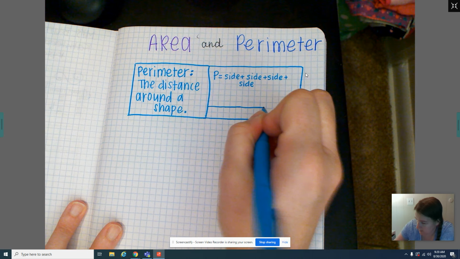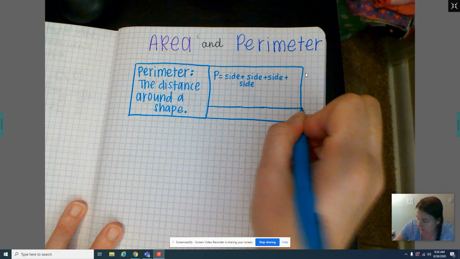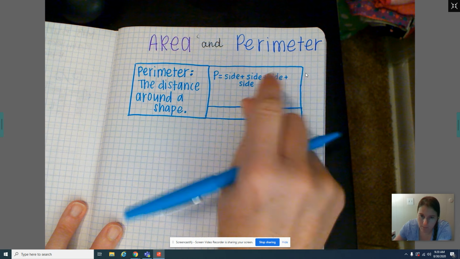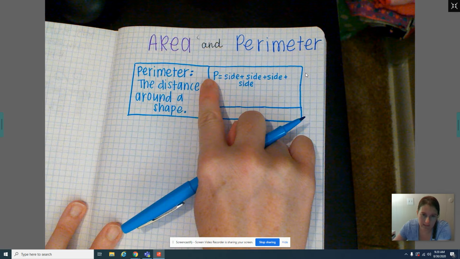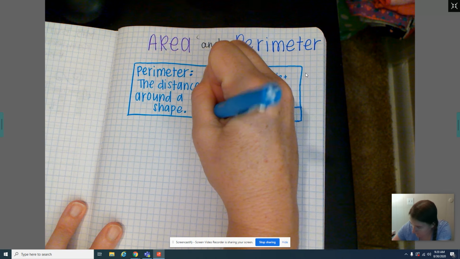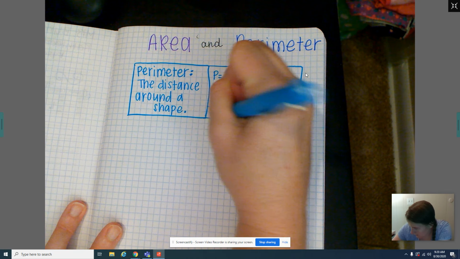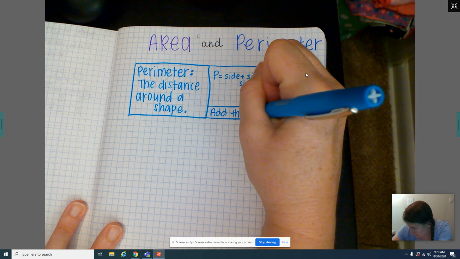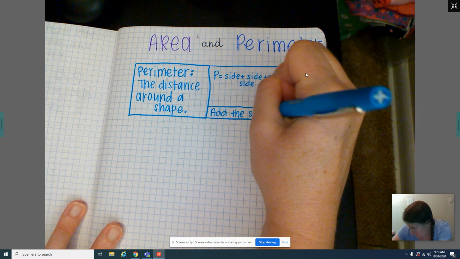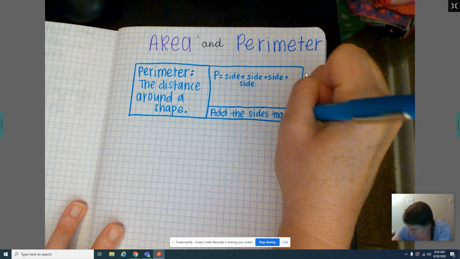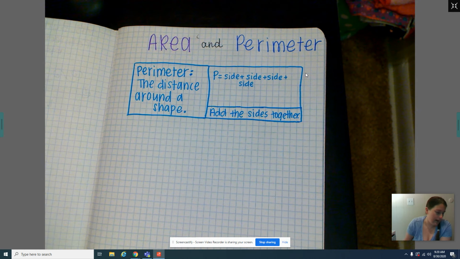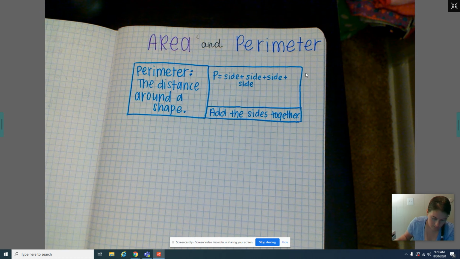You're going to have 3. If you have a pentagon, you'll have 5 sides. But I want you to write that just to remember that you're adding the sides together to find the perimeter. I'm going to run out of room. Oh, got it. Okay. Add the sides together.